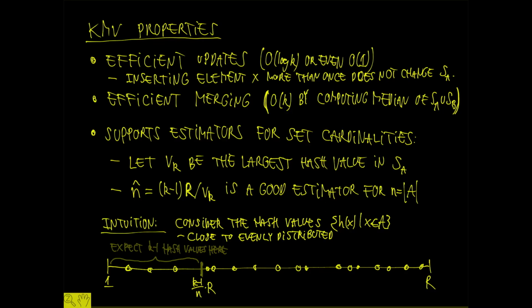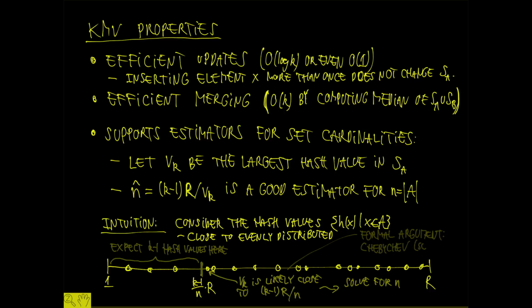For this particular interval, the expected number of hash values is k minus 1. So this means that if we take the kth smallest hash value, it's likely to be just to the right of this interval. So that is, it's a good estimator for the location of this interval. And now we can solve for n and get our estimate of n based on the observed value of vk.